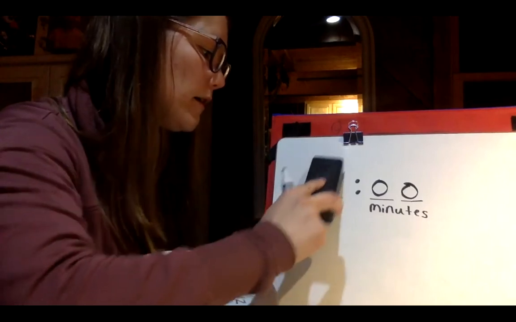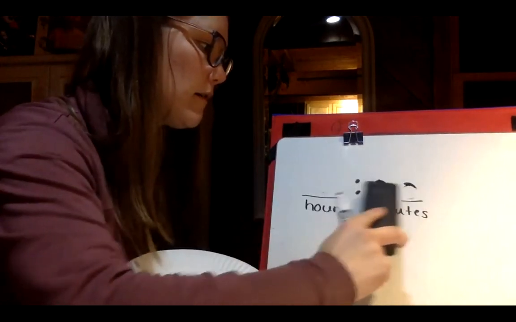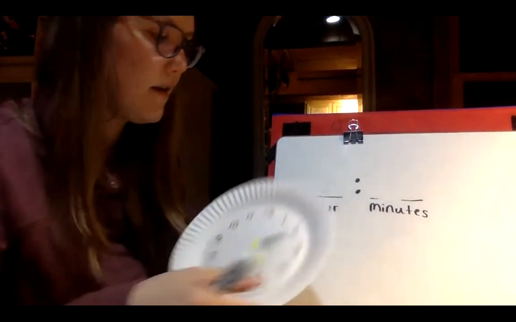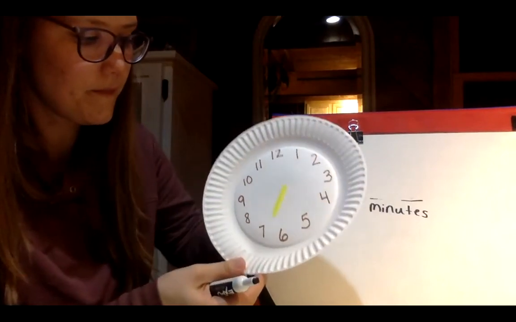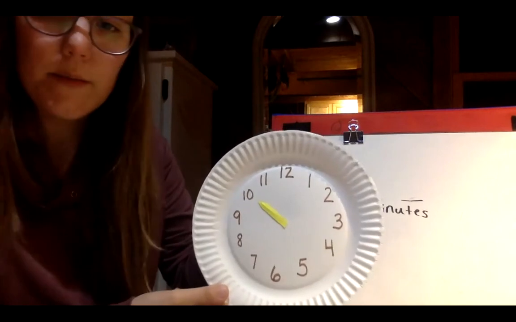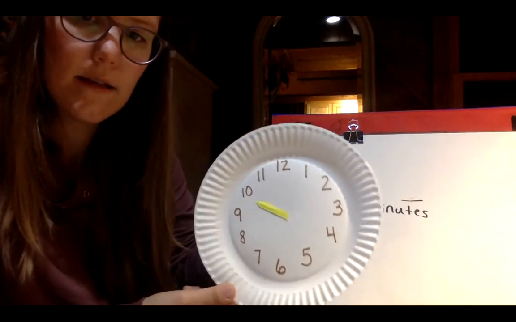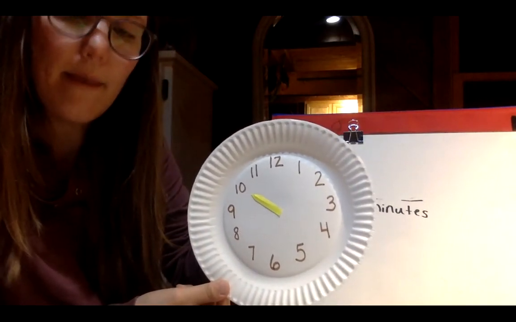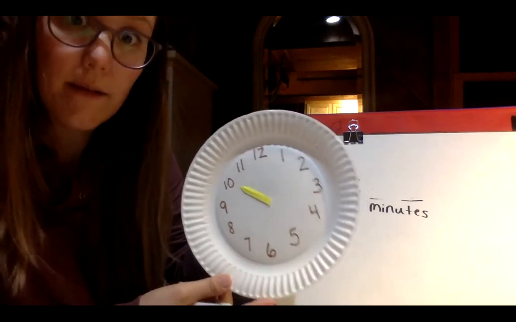Okay. All right, let's try again. And then we're going to call it a day. What if my hour hand is pointing exactly to the 10? That means that it's 10 o'clock.